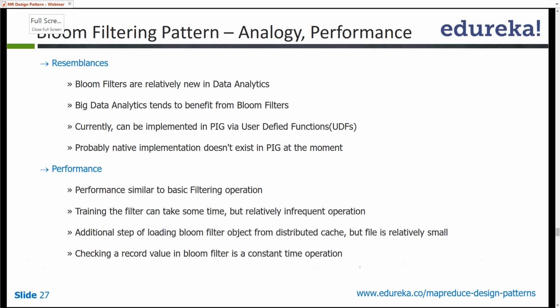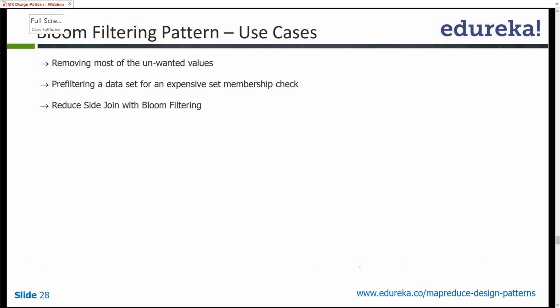As far as performance of Bloom filters is concerned, it's very similar to a basic filtering operation. Training the filter, of course, can take some time, but that's relatively infrequent. Those are some of the things we just talked about. Use cases: removing most of the unwanted values.